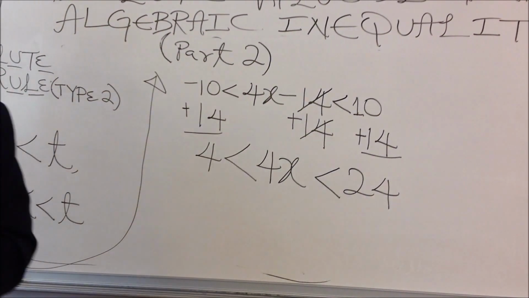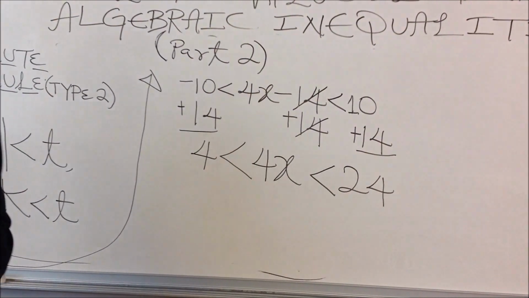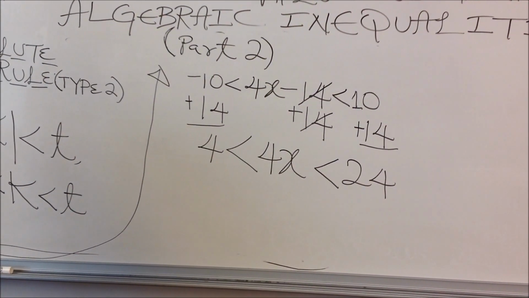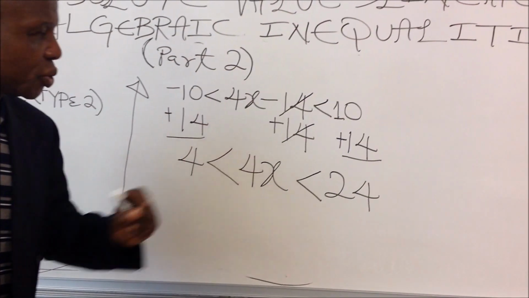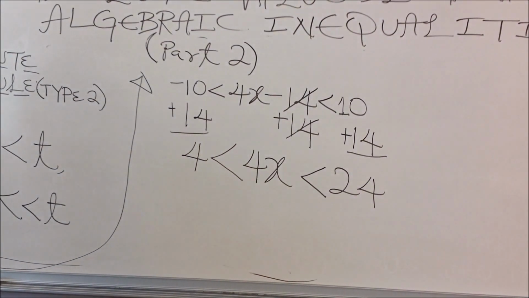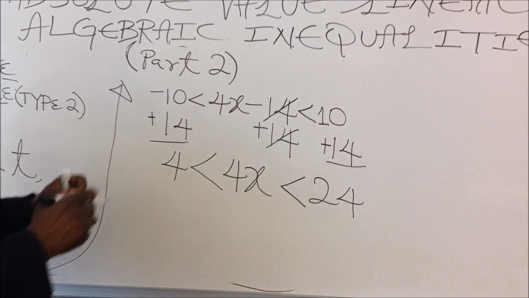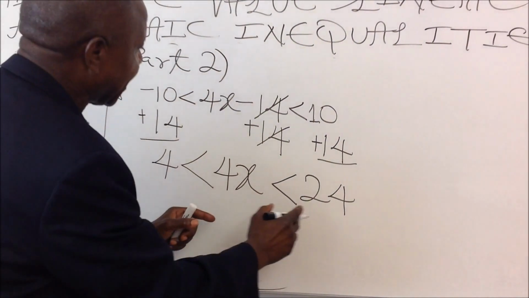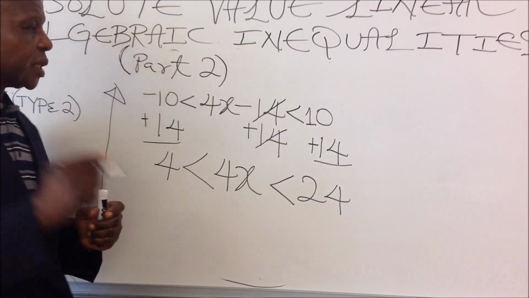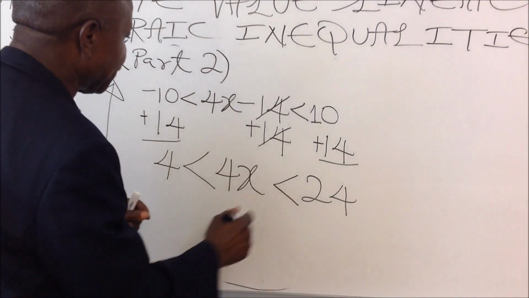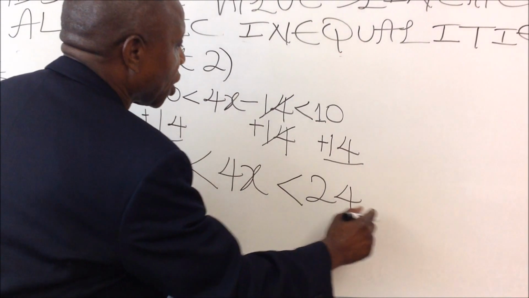How do we obtain that? Well, we need to divide it by 4. We must divide the 4x by 4 to be able to isolate x. So whatever you do to one side of the inequality, in the case of a compound inequality like this, you must do it to all sides.